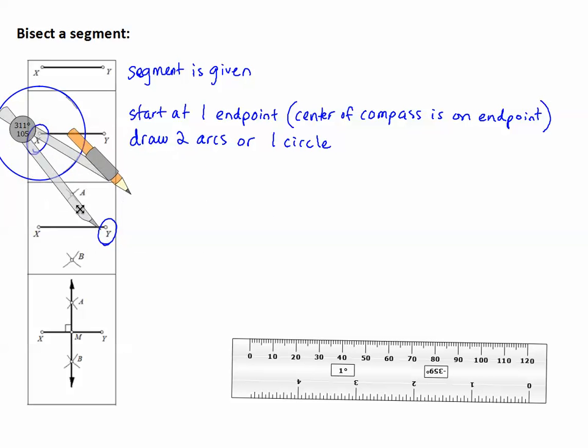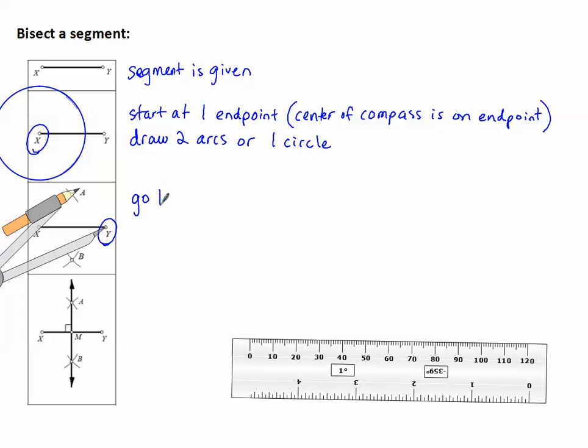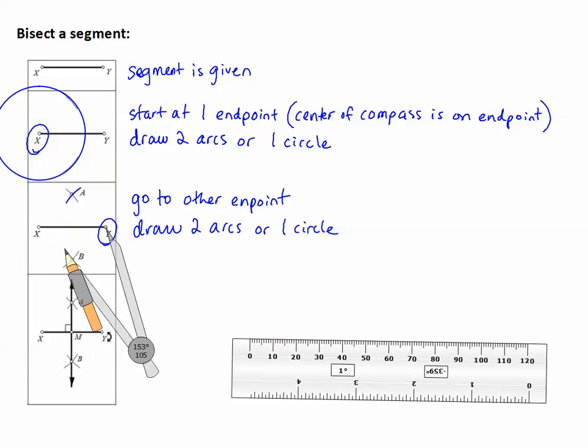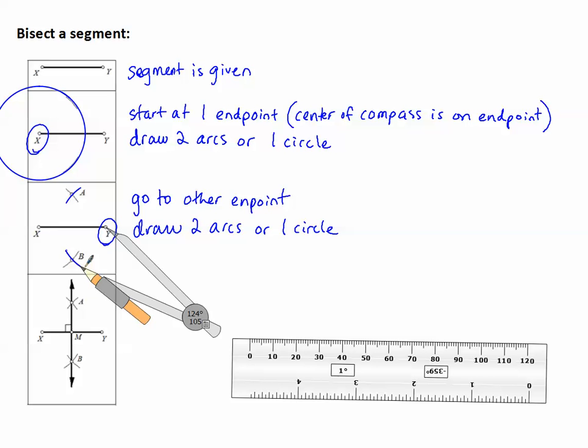So without changing how my compass looks, meaning how wide it's open, how wide the radius is, it's called a radius, we're going to draw either two more arcs that intersect the first ones or another circle. So what are we doing? We go to the other endpoint and we draw two arcs or, again, one circle. So I could draw a little arc here and then swivel around and draw another little arc.